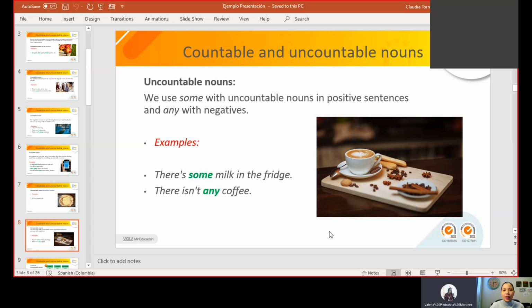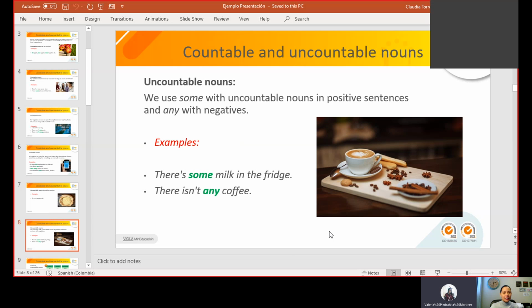Okay, so now we use some with uncountable nouns in positive sentences and any with negatives. For example, you can say there's some milk in the fridge. But for the negative form, you don't use some, you use any.